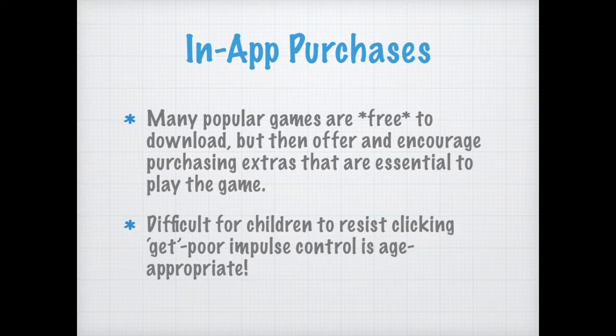And again, just to be clear here, at age 8, 9, 10, even 14, the expectation that these children are going to have an appropriate level of impulse control, not just to click, get, or buy, is very difficult. It is age appropriate to have weak impulse control. That is part of how the brain is developing, and we're not used to being able to just click a few things and have money go onto your parents' credit card.